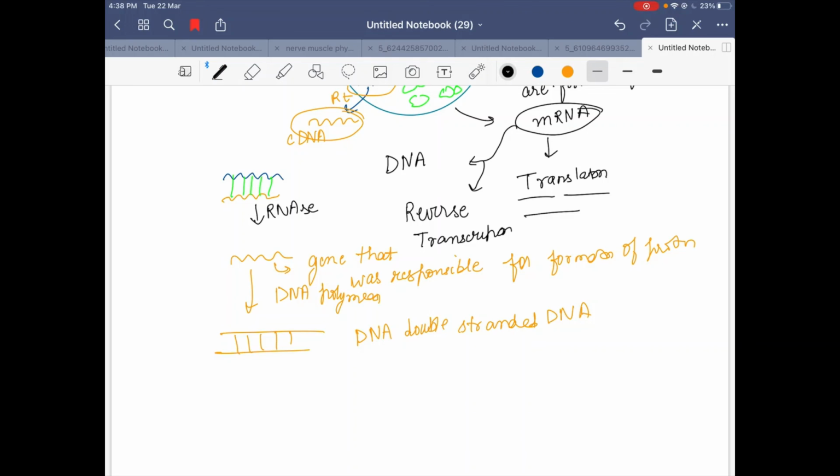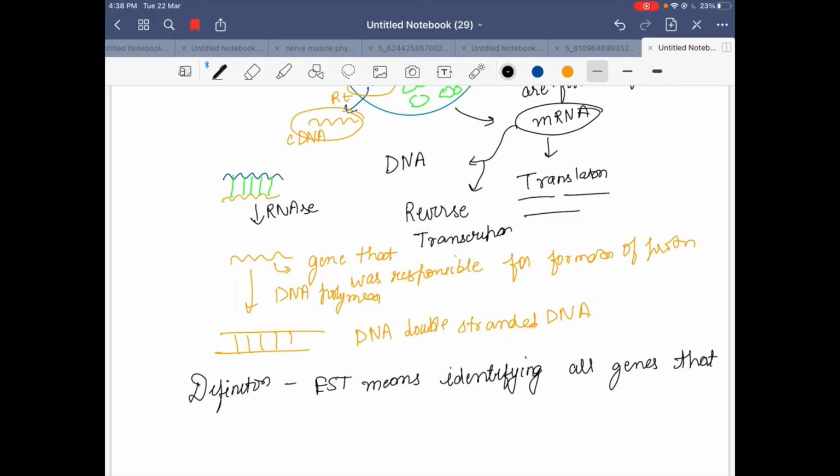So by definition we can write EST means identifying all genes that are expressed as RNA, expressed as mRNA, and then as proteins.